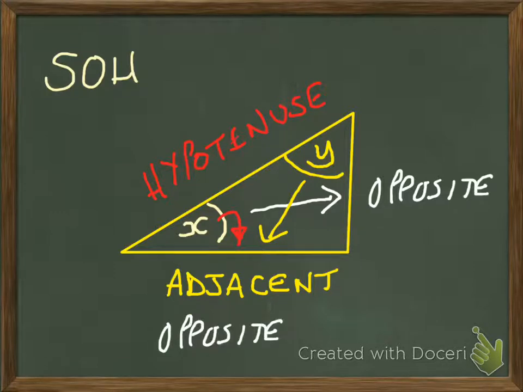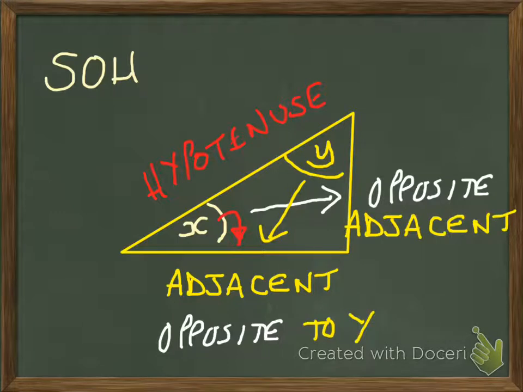So in relation to y, this is the opposite, and by a similar method of thinking about it, this is the adjacent to y. And you remember what I said at the beginning, that the hypotenuse is always the longest side.